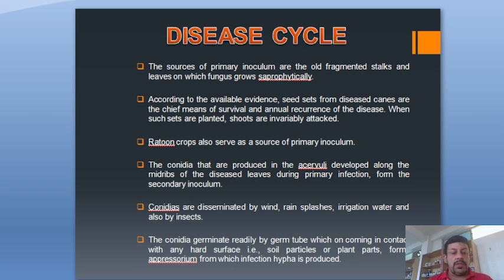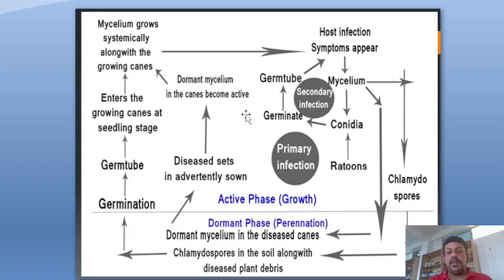This is the cycle. In the active phase, the conidia germinate and produce a germ tube, and enter the growing seed or seedling stage. Then the mycelium, the hyphae, slowly develops into primary mycelium, and primary mycelium develops into secondary mycelium, which is also known as the fruiting stage.